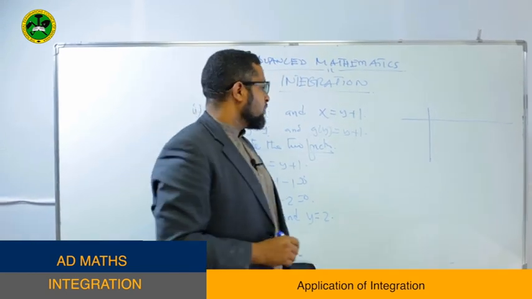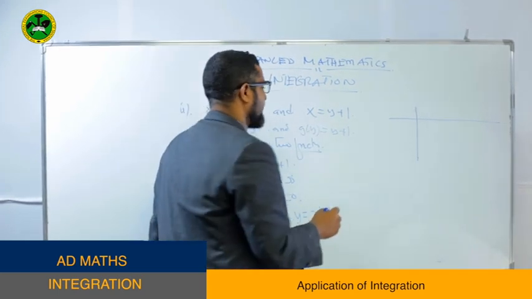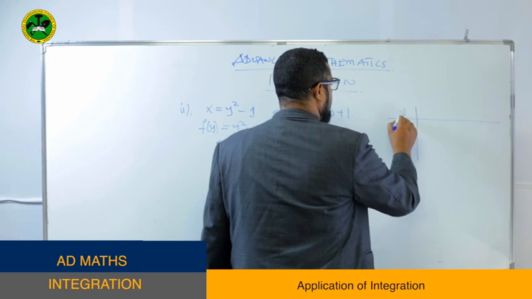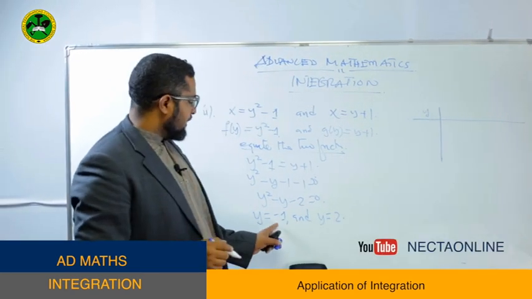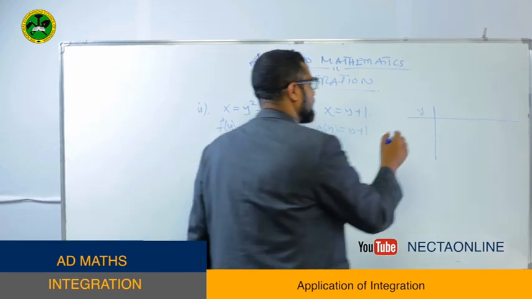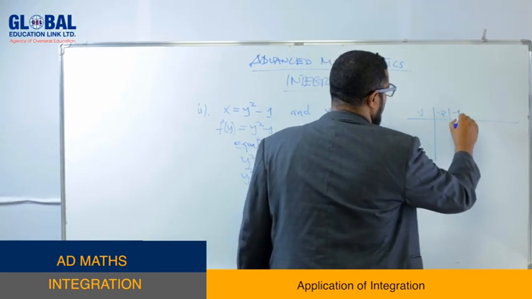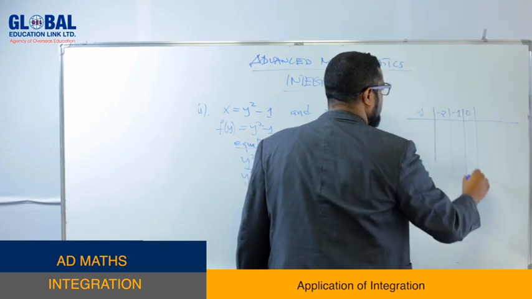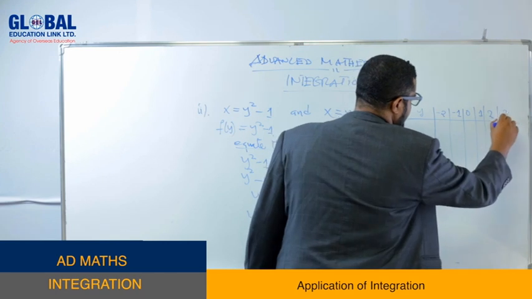Now our table of values will be written in terms of y. So here we are going to say this is y, but we have negative numbers here, so we can start from negative 2, then negative 1, 0, 1, 2, and let's say 3.